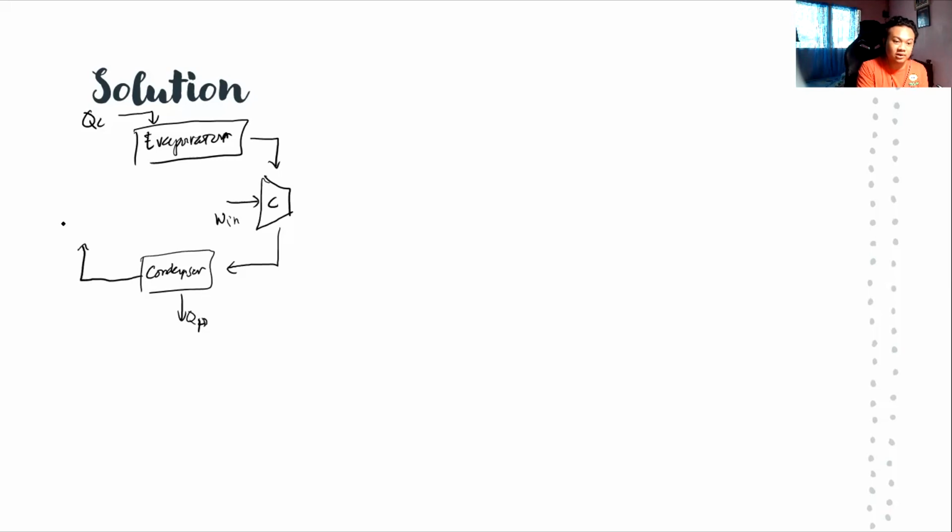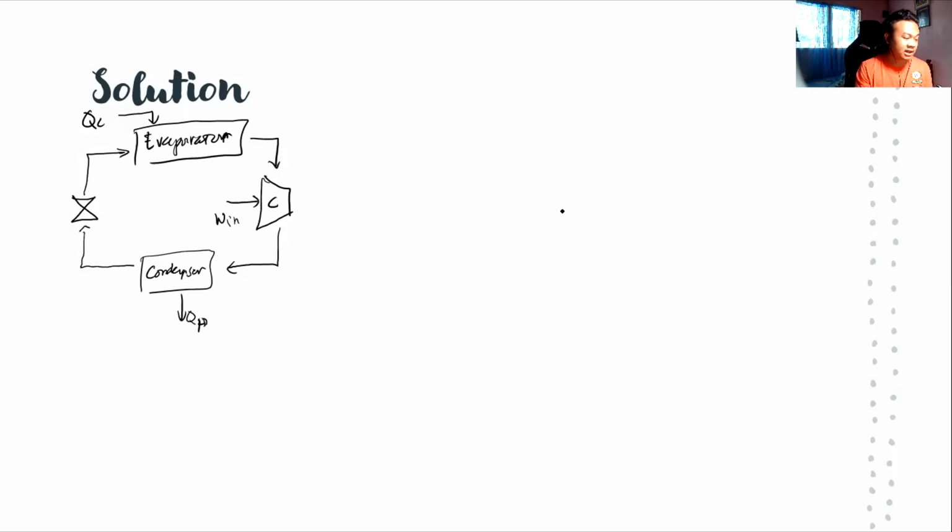the liquid goes through a throttling valve. Let's draw that properly. And then it goes back to the evaporator. So as you can see, there are no moving parts in the throttling valve, so it will not produce work and it will not require work also.